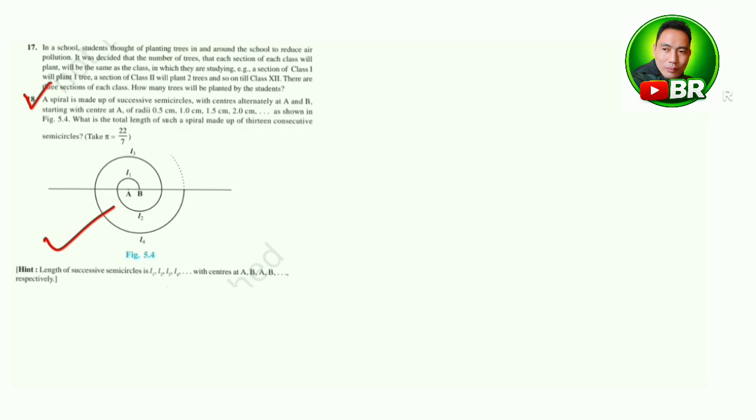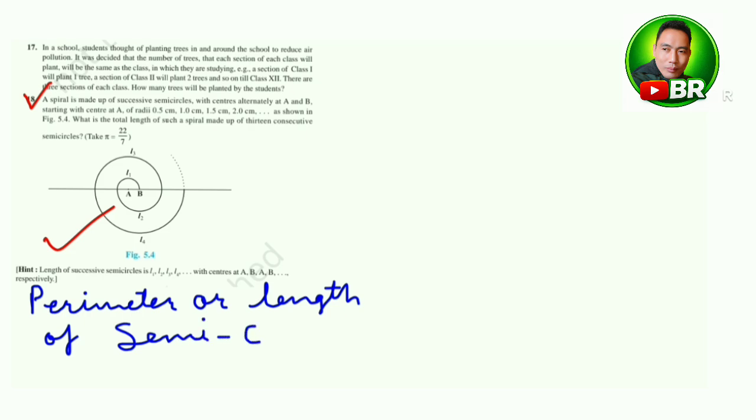Okay, students, for solving this question, we have one formula for finding perimeter or length of semicircle. That formula is, let's write over here, perimeter or length of semicircle is pi r.